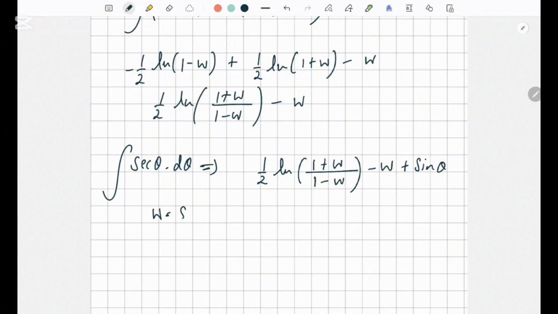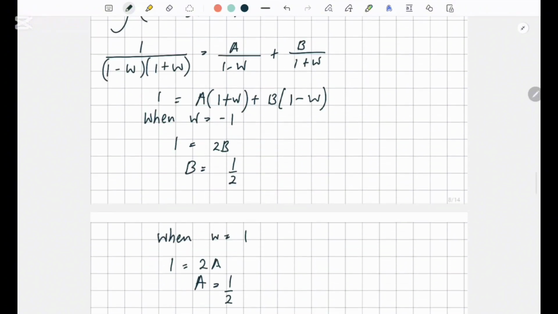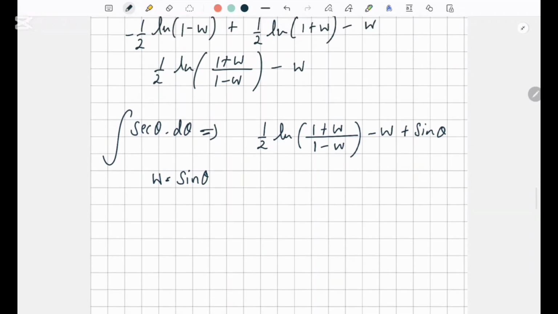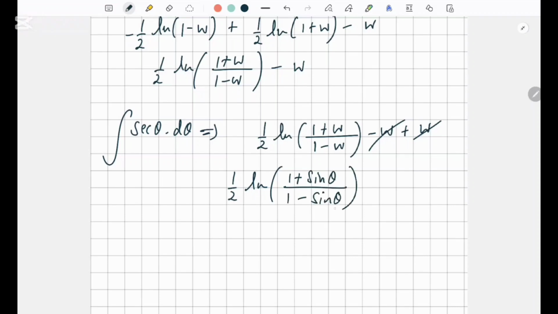Now w equals sine theta, so you can write w instead over there. You can see they cancel off, and we have half into ln (1 plus sine theta over 1 minus sine theta).